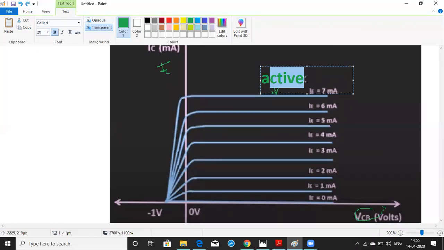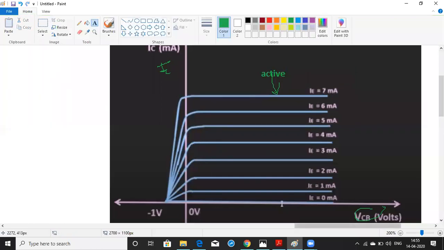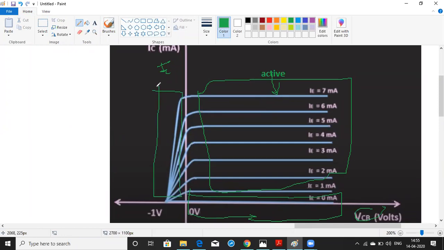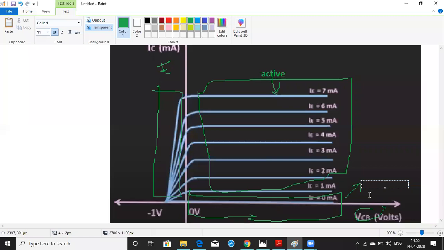This region is called the active region. This active region will cover up to this point. This part is called the cutoff region, and this part is called the saturation region.